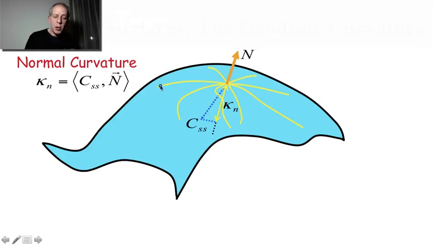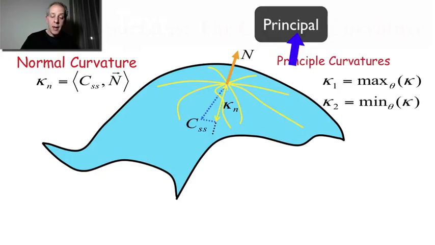It turns out that there is one of these curves that, when we treat it as a curve and we compute the curvature, is the smallest possible. And there is another curve that is the largest possible. So we basically define the principal curvatures of a surface in the following way.